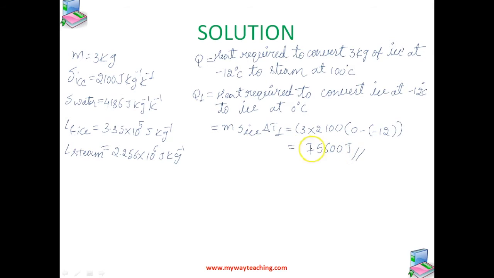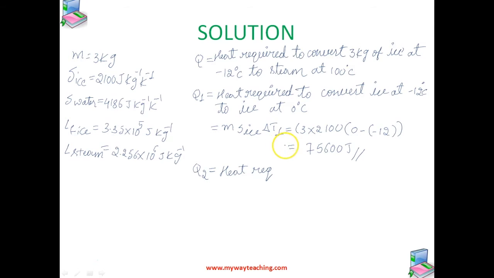So this is the heat required to convert ice at minus 12 degrees Celsius to ice at 0 degrees Celsius. Okay.